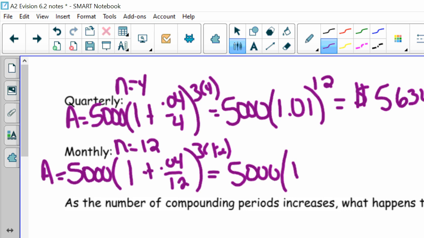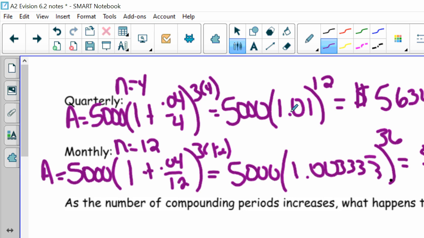So this is going to be 1.0033333, basically repeating, to the 36th power. Do the 0.04 divided by 12, add 1 to that, leave that in our calculator, then raise that number to the 36th power and multiply by 5,000. Now we can round at the end, and we would get $5,636.36. So don't round until the end.